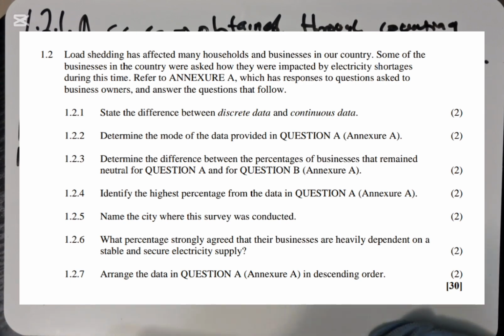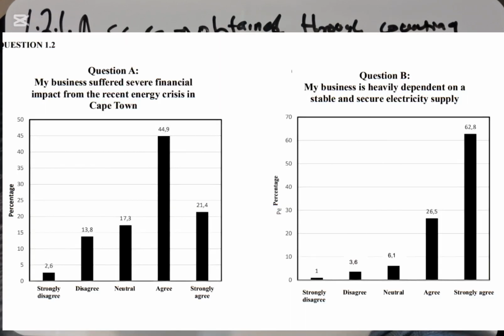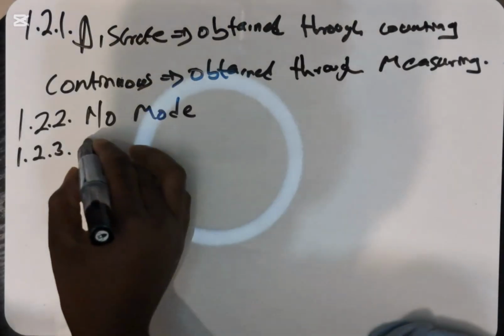1.2.3 says determine the difference between the percentage of businesses that remain neutral in question A and in question B, annexure A. If we look at question A, the neutral is 17,3. Then in question B, the neutral is 6,1.